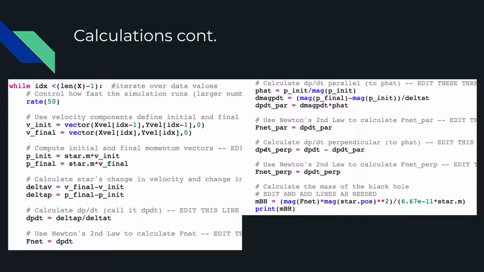And then after we got the parallel and perpendicular components of the net force, we used these to calculate the mass of the black hole at each point by using this formula you see here, which is simply a rearrangement of the gravitation formula, solving for one of the masses.